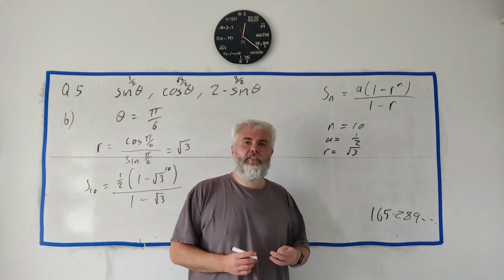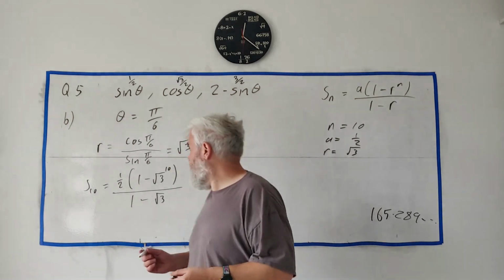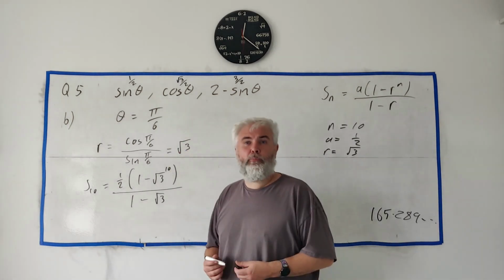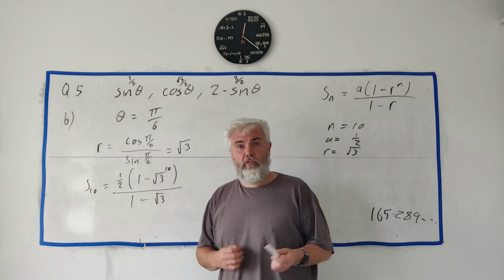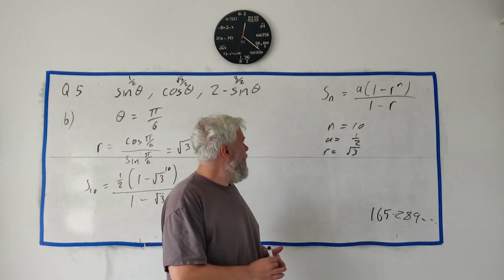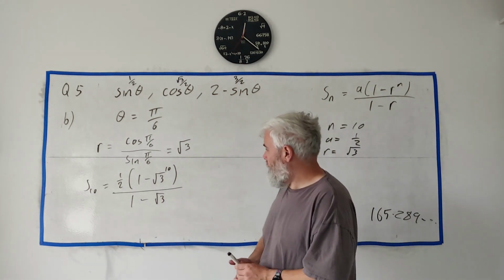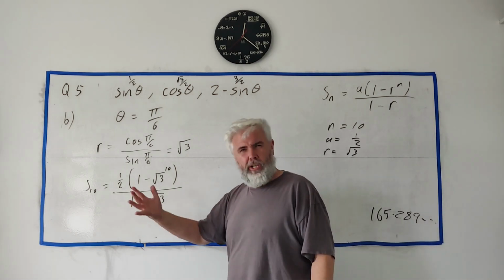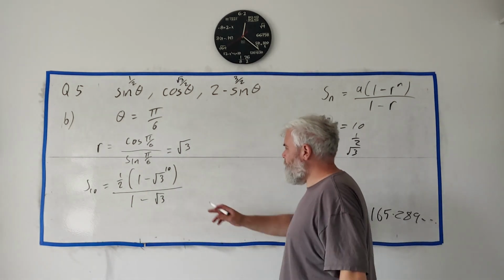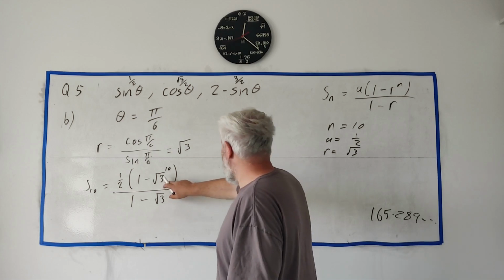They wanted your answer to be in the form of, I'll just read it out, b divided by square root of something minus 1. We're nearly there. Top row, we can clean some of this up.